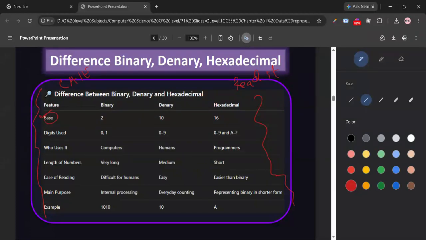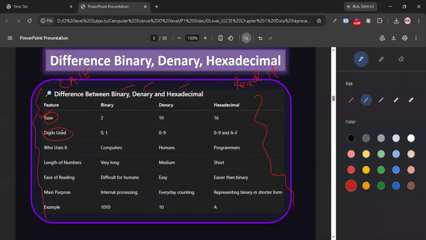They must ask you about the base. In mark schemes, you will be able to see it: base of binary or hexadecimal, binary or denary, denary and hexadecimal, whatever.